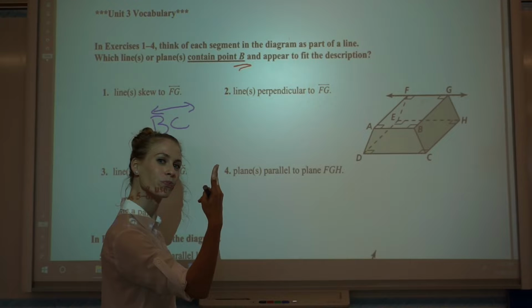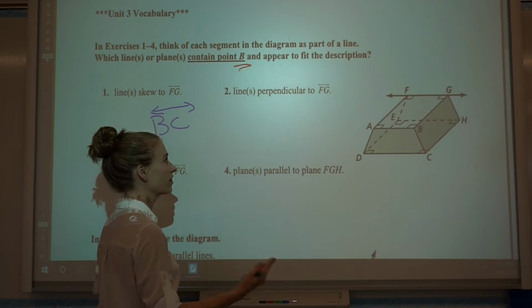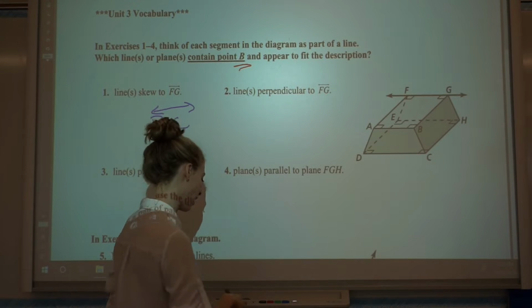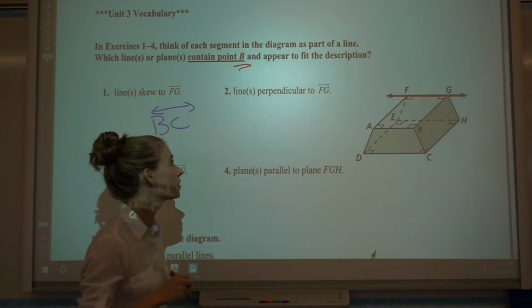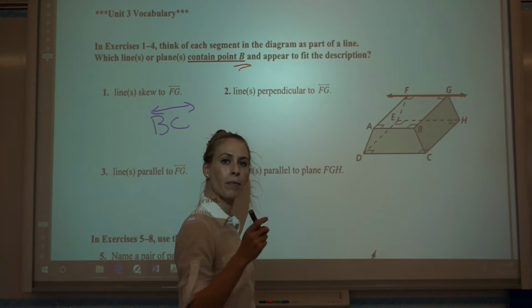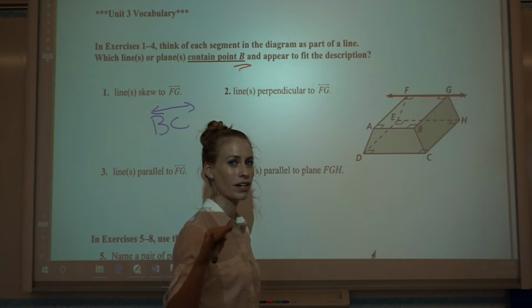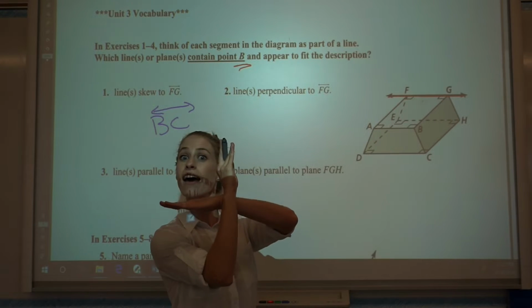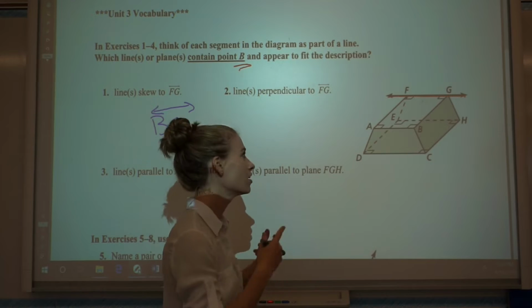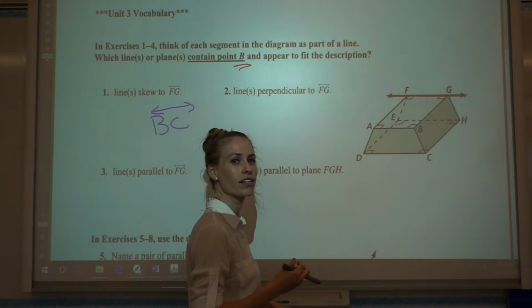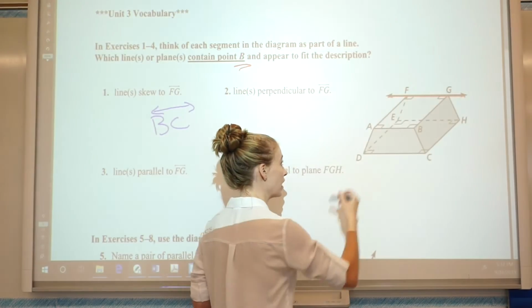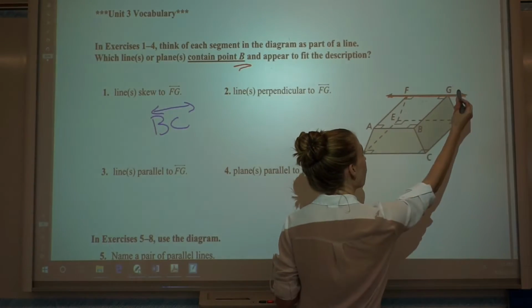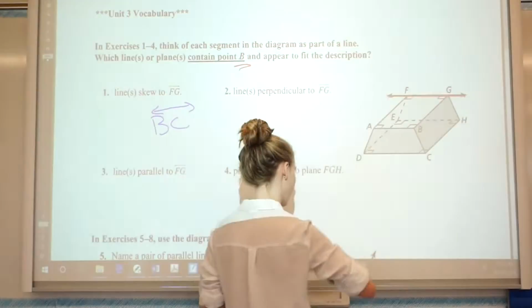So number 2. They're asking us to find lines that are perpendicular to the same line, FG. Remember, perpendicular means lines that do intersect, but they make 90-degree angles. We want to still contain point B, so we're going to try to find anything that intersects with FG.